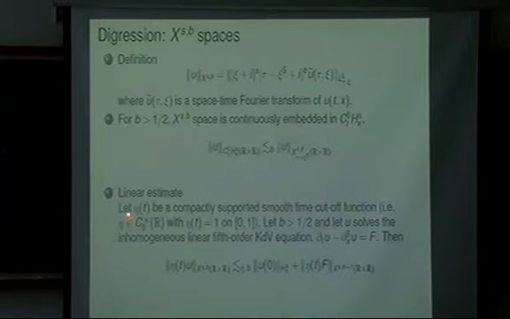So for the X^{s,b} space, we have such a linear estimate, where eta is just a time cutoff function. Because when you take the X^{s,b} space, we need to take the L2 norm in space-time. So for the linear solution to be in L2 in space-time, we should cut off in time. For instance, take the mass conservation law. Without the time cutoff, if we take the L2 norm in space, it is constant.